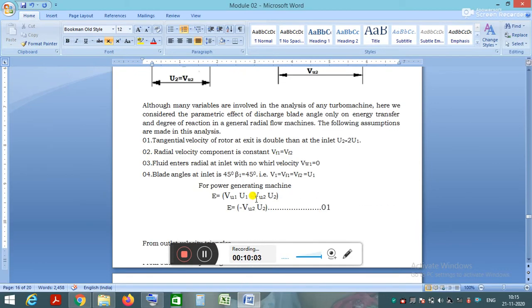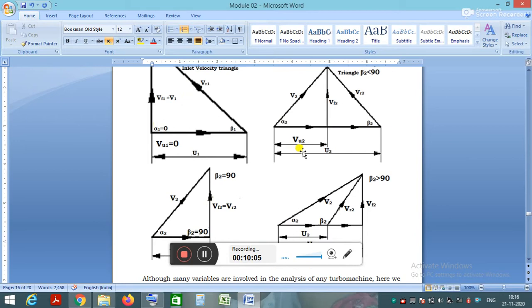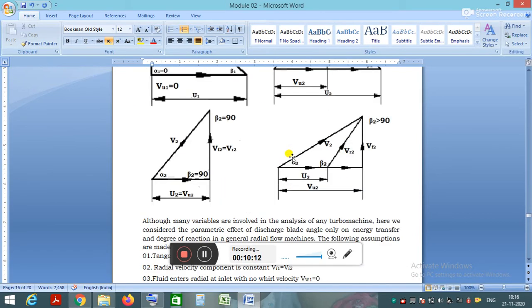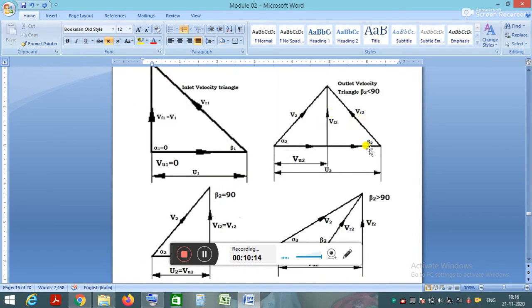But from the outlet velocity triangle you can see here, what is cot beta 2? Cot beta 2 is adjacent by opposite. Adjacent is this side, U2 minus Vw2, and the opposite is Vf2.